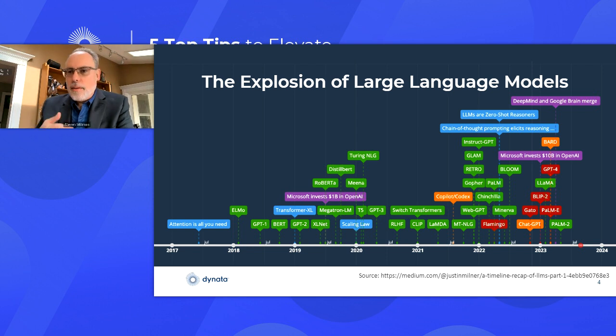On the back of that, everybody else who had been working on this for the last few years, some going back 10 years, suddenly said, we've got to make ours available too and keep up. And as you can see here, a massive explosion in the availability of large language models in the last year. Bard, in fact, just a week or so back, has moved to their new version, which is Gemini, which is natively multimedia.